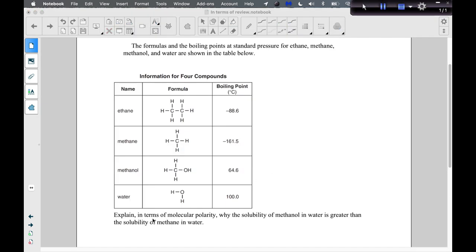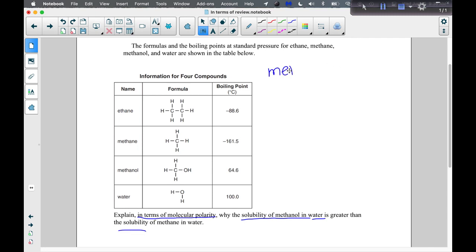Once again, you can pause and read the question and look at everything, but it says in terms of molecular polarity. If we're talking about molecular polarity, why solubility of something is better in water than something else, remember, if methanol is soluble in water, it must be polar or more polar.